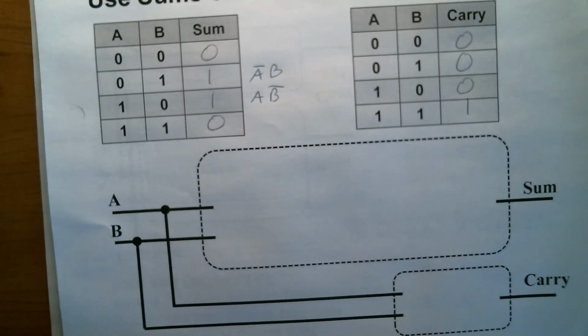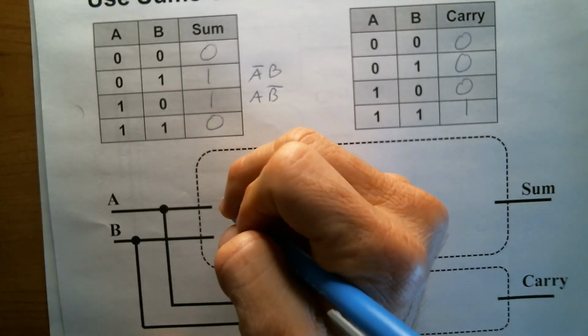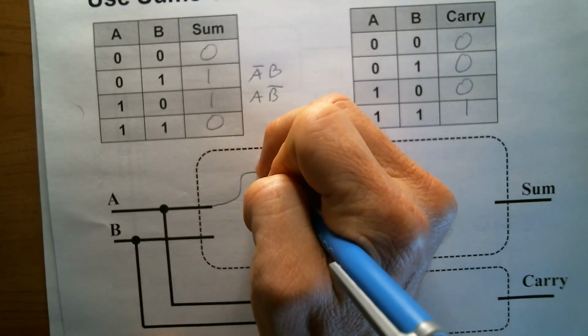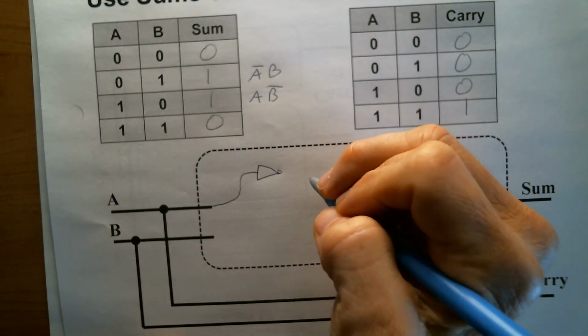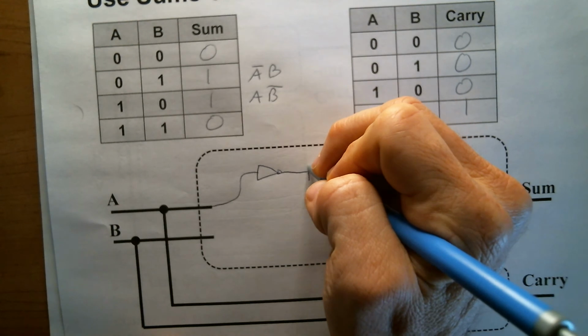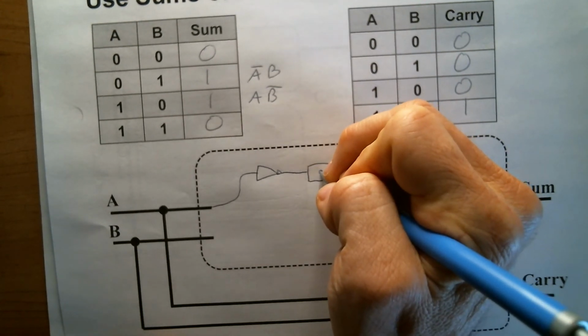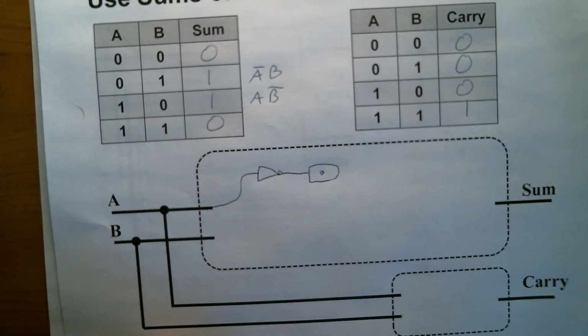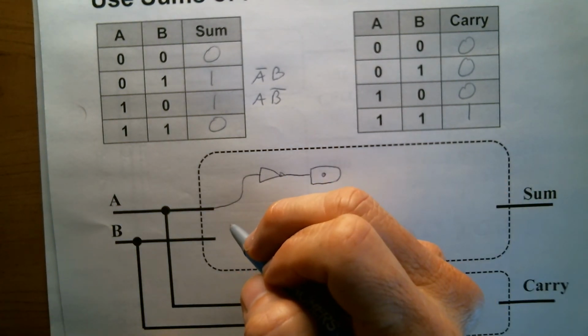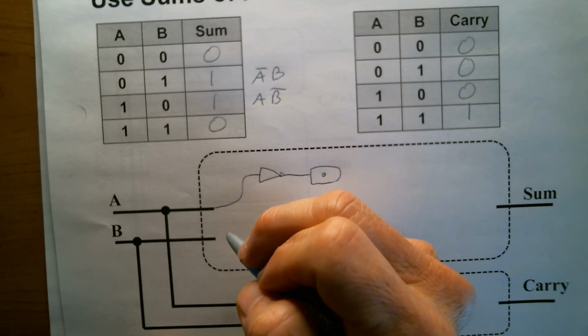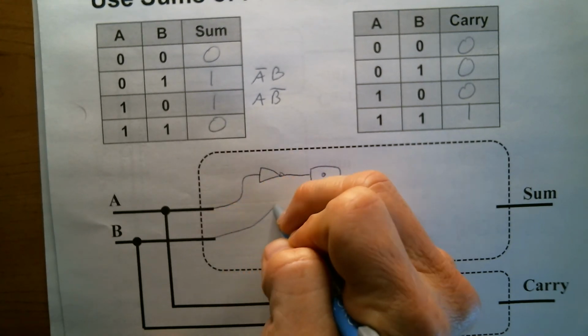We could say not A, so there's my little not A, and feed that into an AND gate. And we could feed B into that same AND gate.